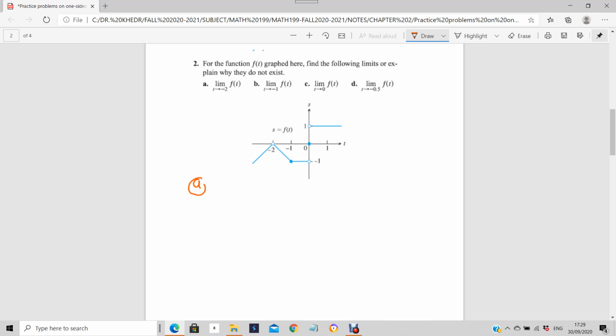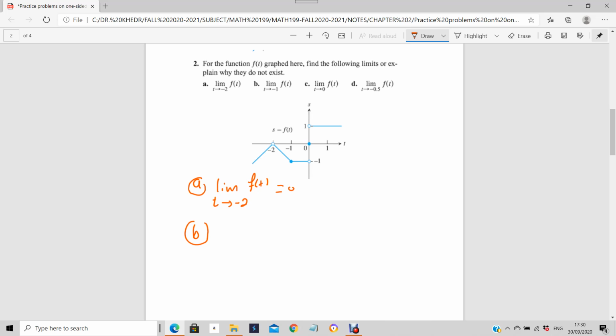So for A, we need to find the limit of the function as t approaches -2 from both sides. So lim of f of t as t goes to -2 will be 0 because the two-sided limit is equivalent to 0.